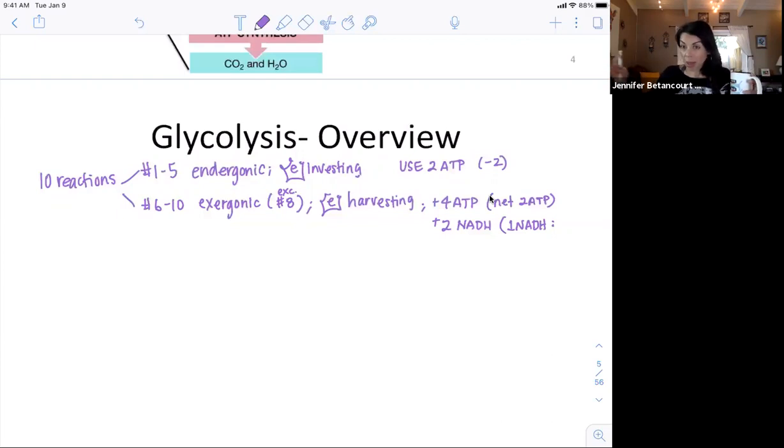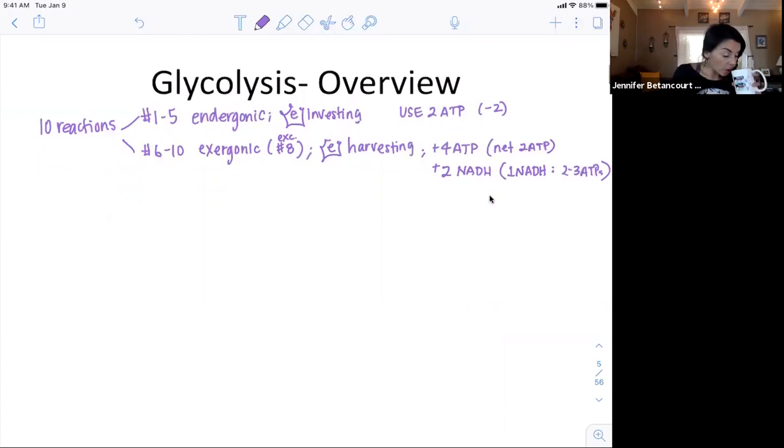It provides enough energy for that big molecule, which is an enzyme, to make 2 to 3 ATPs, depending on cell type. So 1 NADH is equivalent to 2 or 3 ATPs. That's why we say NADH is a high energy storing molecule, because when the cell does use NADH, the products are 2 to 3 ATPs. Okay.